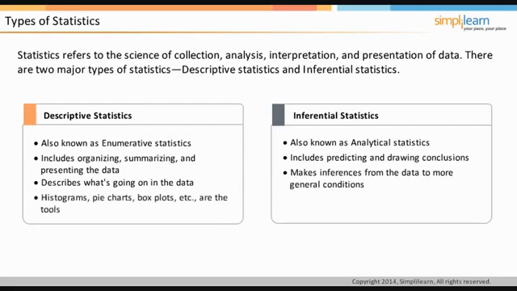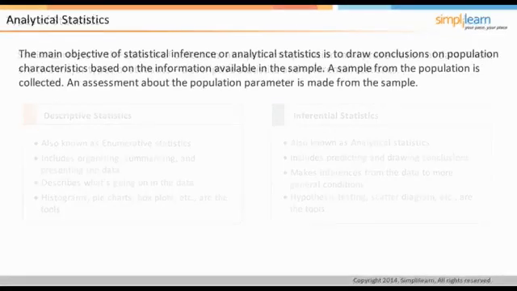Histograms, pie charts, box plots, frequency distributions, and measures of central tendency, mean, median, and mode are all examples of descriptive statistics. On the other hand, examples of inferential statistics are hypothesis testing, scatter diagrams, etc.